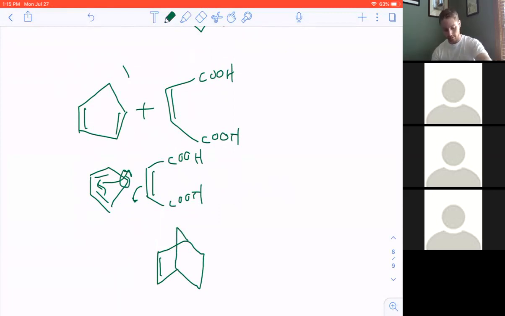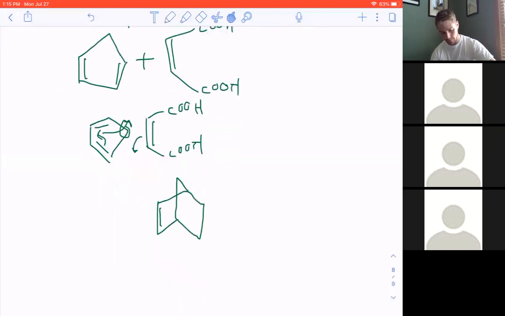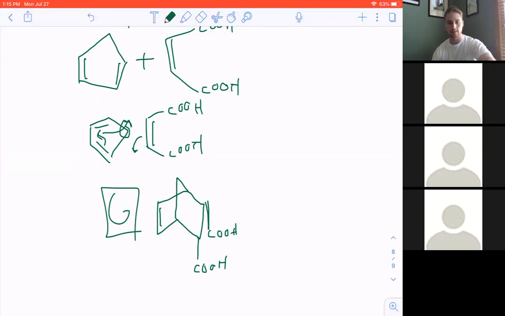And then looking at how you'd expect the carboxylic acid groups to arrange themselves, since it's going to be the endo product, we'd assume we're going to prefer to make both of these go down. And so we can put these like this. This is the same thing as if you just drew them dashed. But either way, your overall product is just going to be, in this case, G was the correct answer for what I'm looking at, and it just has that one bridge with those extra groups headed downwards.